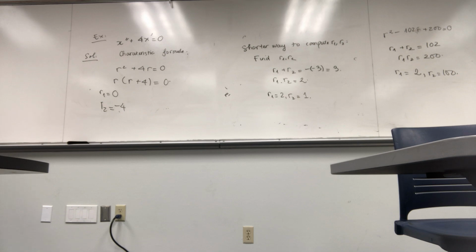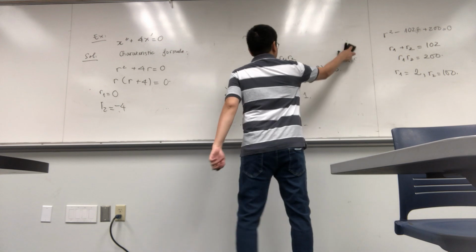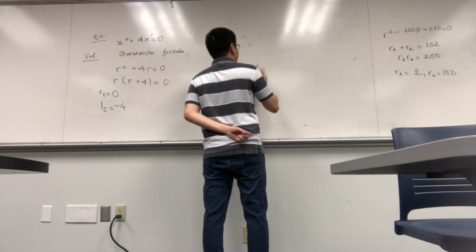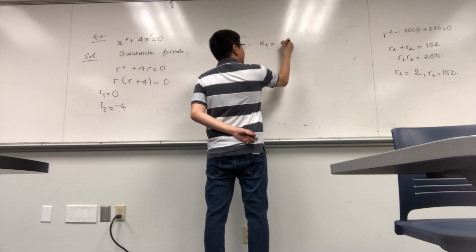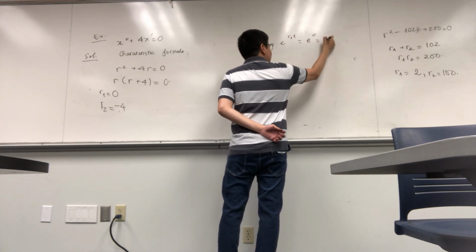And the solution will be what? The first solution will be e to the r1t, which is e to the 0, and this is 1.